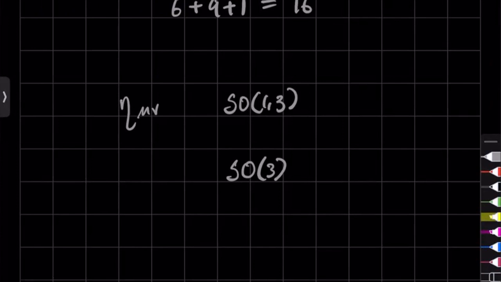So the Euclidean metric. So it should be δ_{ij}, right?